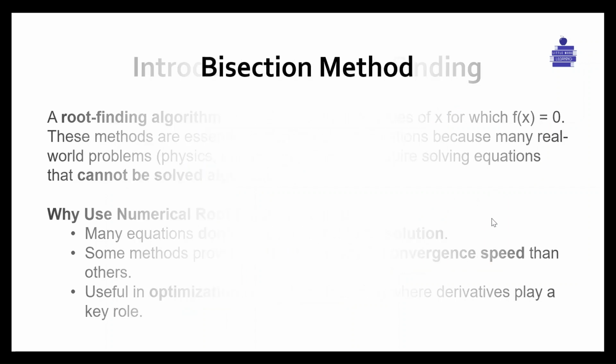The first one is the bisection method. The bisection method is a simple bracketing technique that iteratively reduces the interval containing the root.